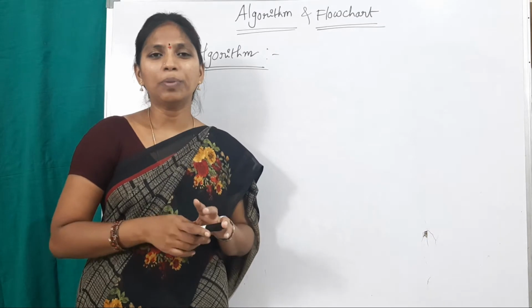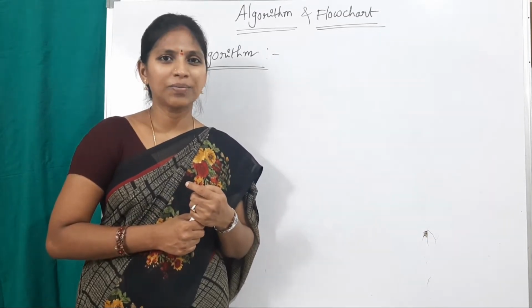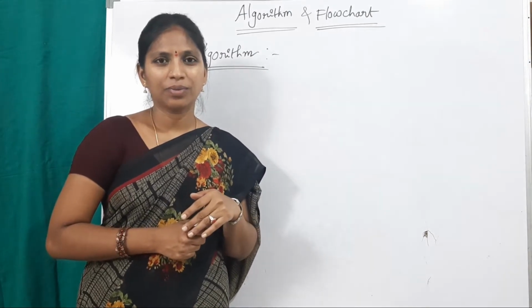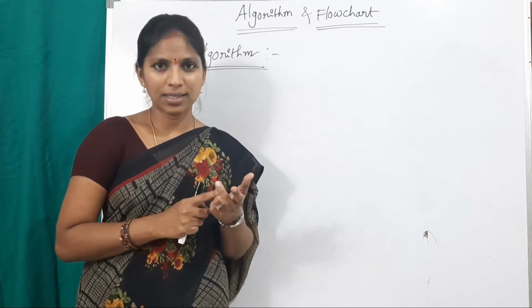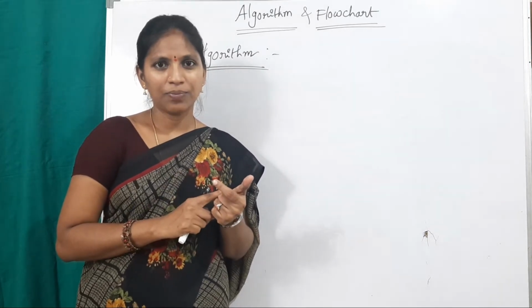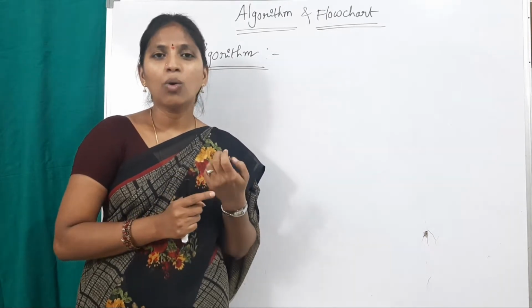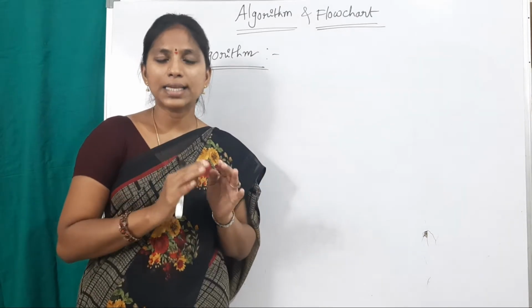Suppose I want to prepare a vegetable biryani. First of all, what are the steps? I have to take all ingredients. What are the ingredients? Oil, rice, different vegetables, ginger garlic paste, whole masala ingredients, etc. All these are inputs.